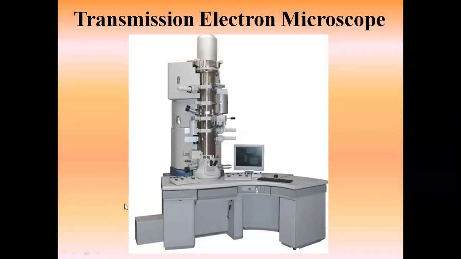If you observe the first word of each electron microscope, that is transmission and scanning, with that particular word we can get an idea of how the samples are analyzed. In the transmission electron microscope, the electrons are transmitted through the sample.